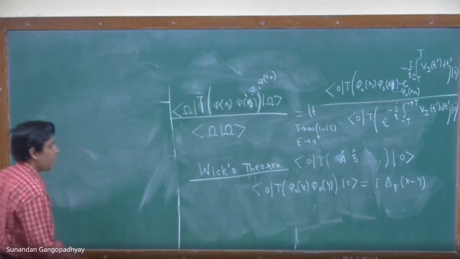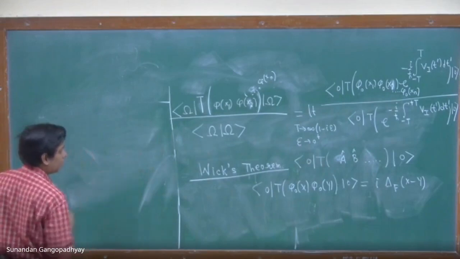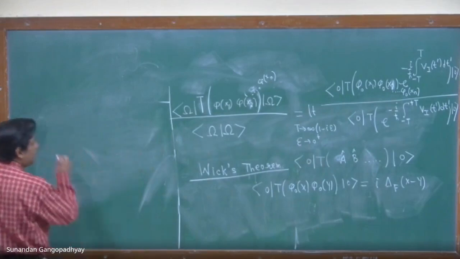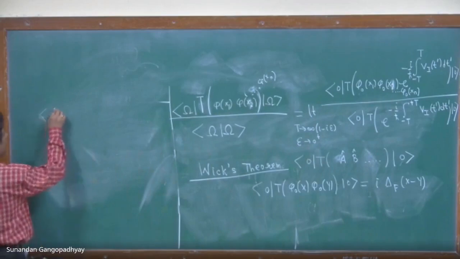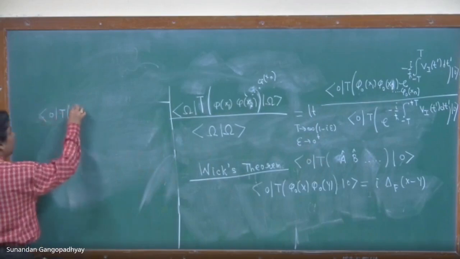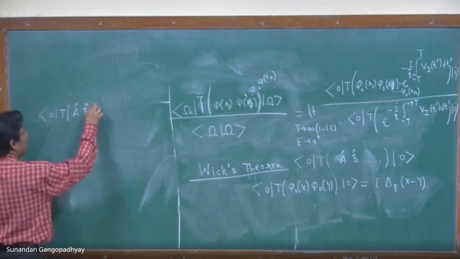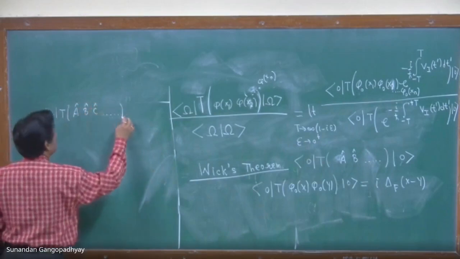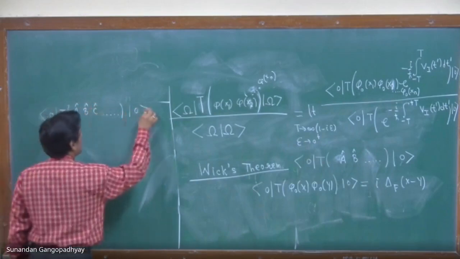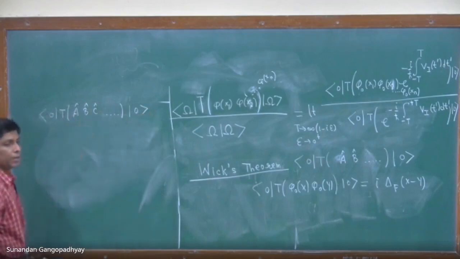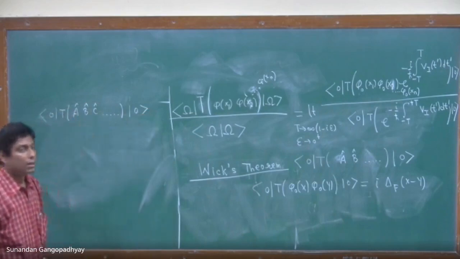So let us see what Wick's theorem is. As I mentioned, even calculating the vacuum expectation value of a string of operators, where the string of operators are all free fields, is a difficult task.